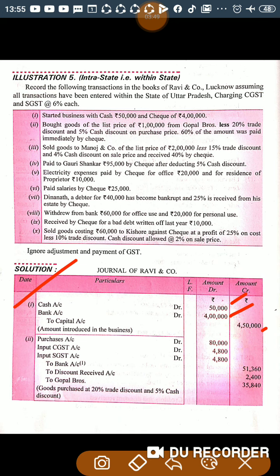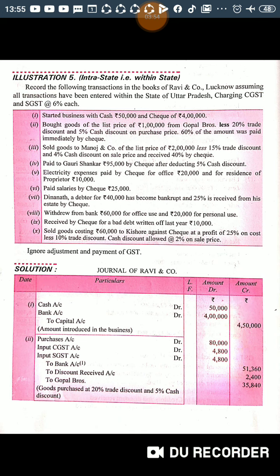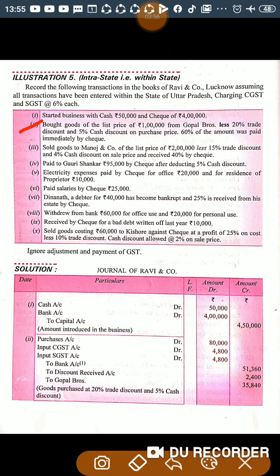Now second transaction, this one: bought goods of the list price of rupees 1 lakh from Gopal Brothers, less 20% trade discount and 5% cash discount on purchase price. 60% of the amount was paid immediately by cheque.